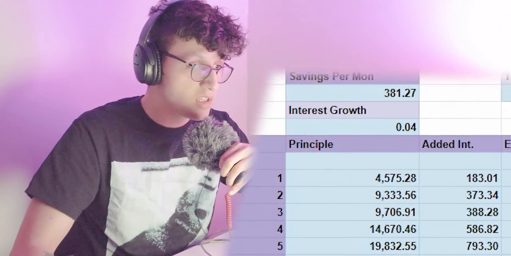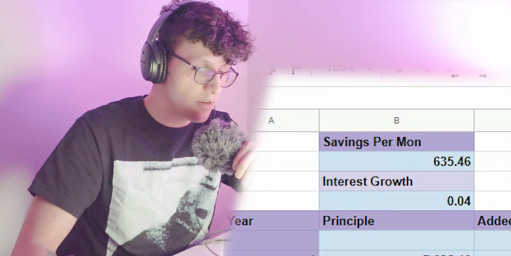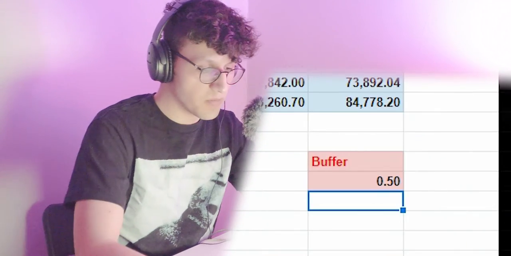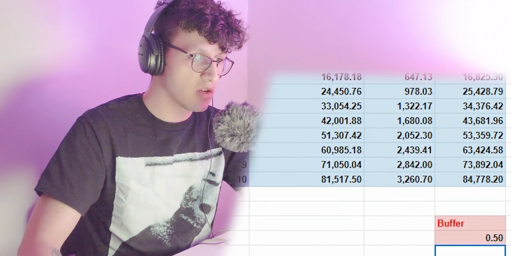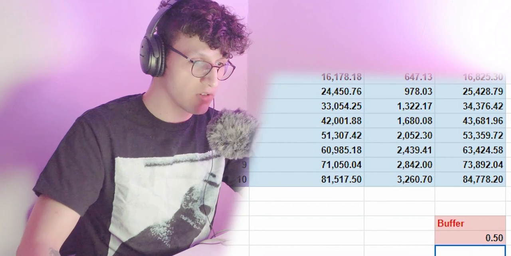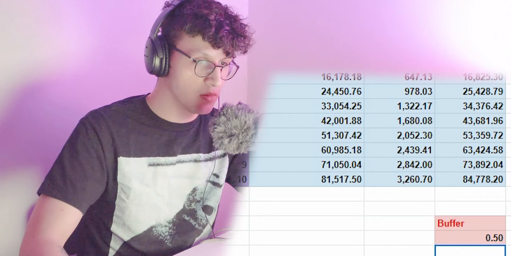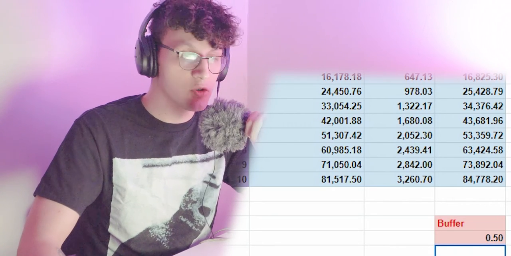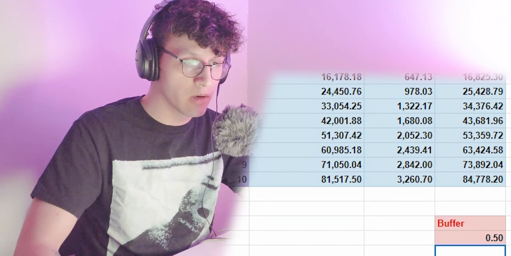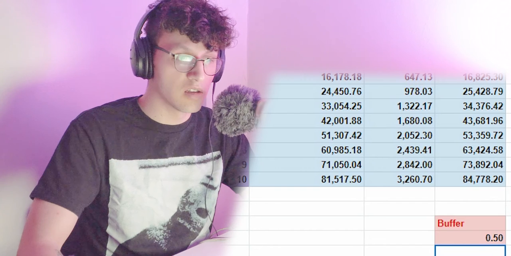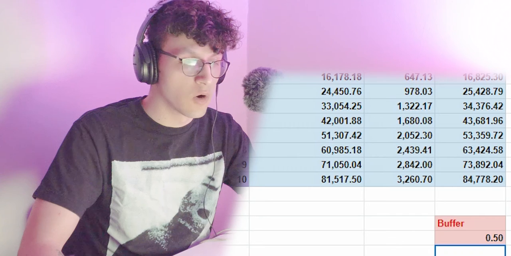But the goal is to get this number higher, saving more money per year. So we have to get our buffer lower. If I brought my buffer down to 50%, now all of a sudden you see everything starts changing. I'm starting to save more money. By the end of it, I end up with even more money after 10 years. If I didn't change anything about my expenses and my money continues to stay exactly the same, but I start cutting down on the frivolous things, like going out to the restaurant and going out to the bar, all of that stuff.